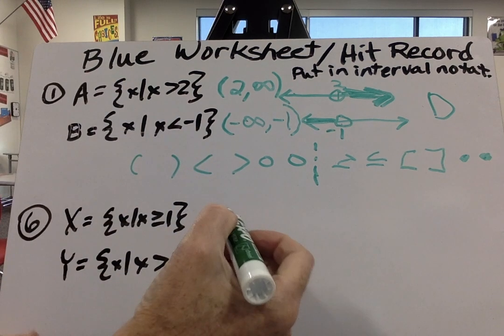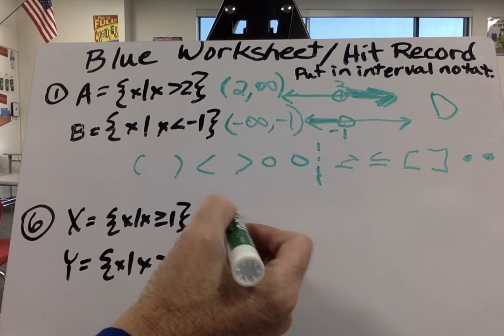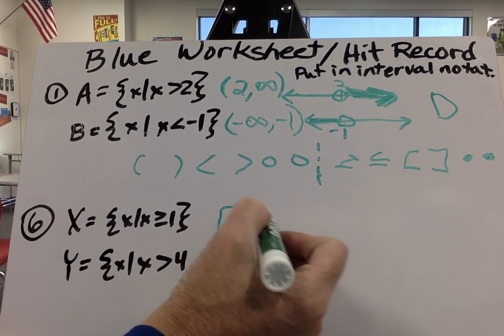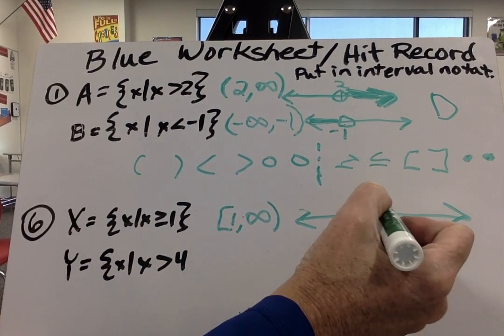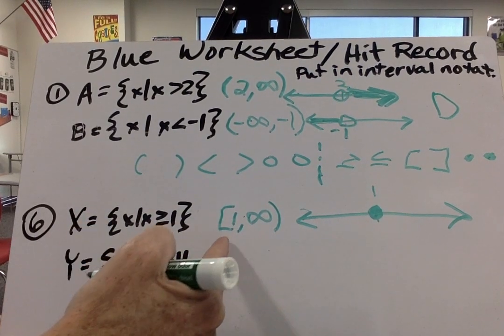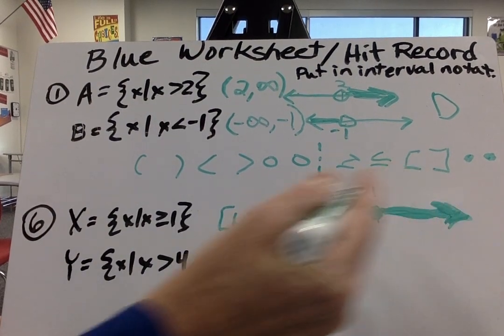So we say it includes 1, and it goes greater than. So that's going to look like this. Colored, shaded, because it's or equal to, bracket, shaded to the right. Okay?